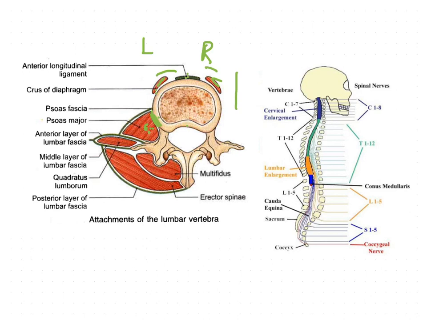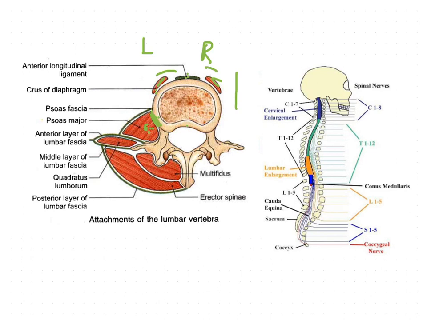Okay, now, across the constricted part of the body on either side, tendinous arches are attached. The lumbar vessels and the gray rami communicantes from the sympathetic chain pass deep to these arches.